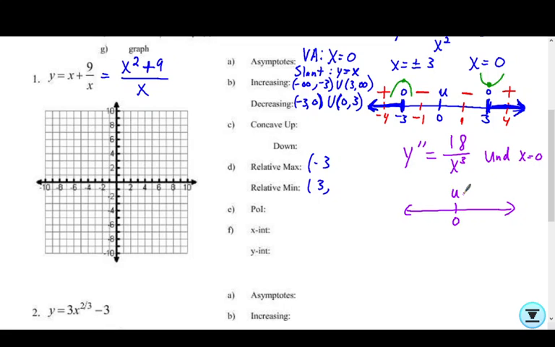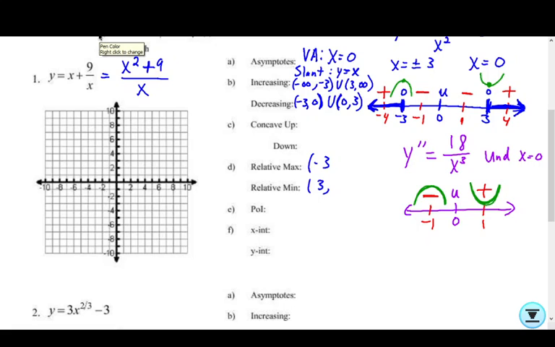At 0, I'm undefined. Again, we test it just like we did the first derivative. I plug in negative 1, I get negative, plug in positive 1, I get positive. So that tells me my concavity. Here it's concave down, or it cups down, and here my function is concave up, or it cups up.